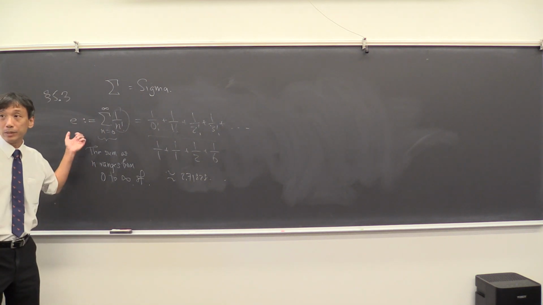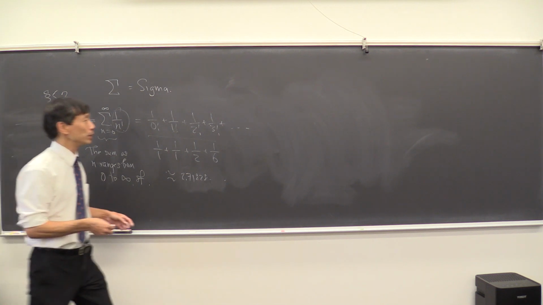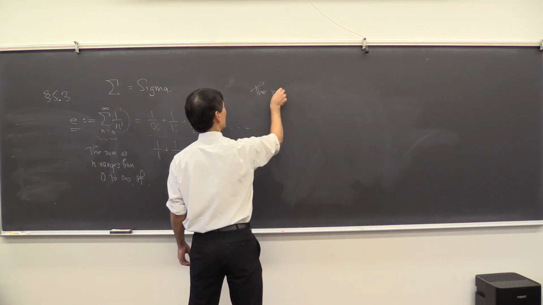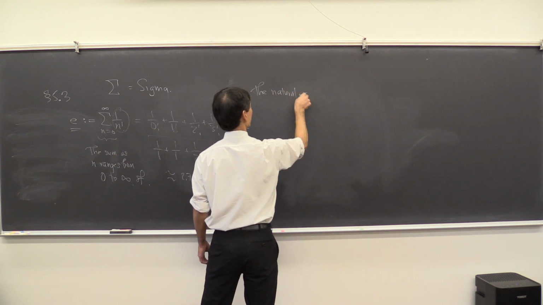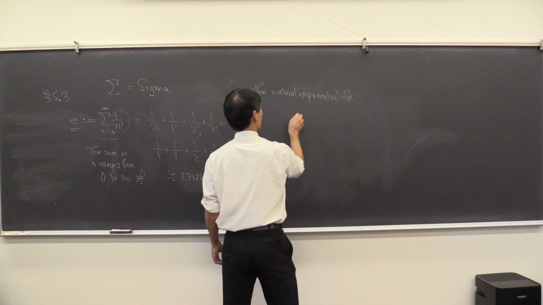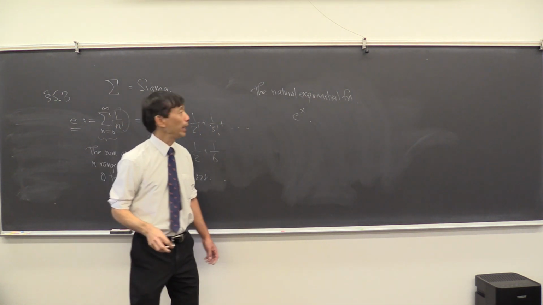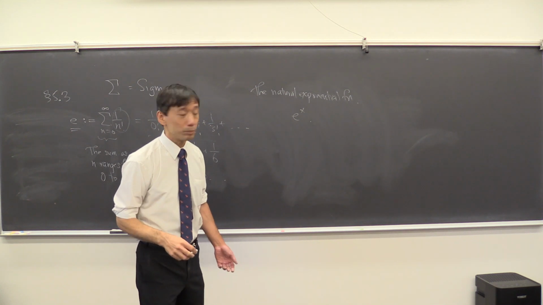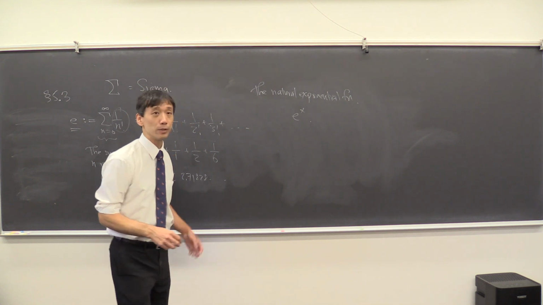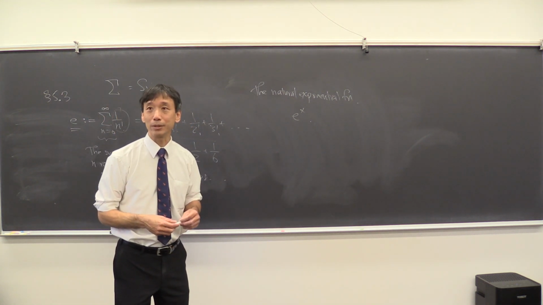Okay, and we said that this was in some sense the most natural base to use for the exponential function. So the natural exponential function is e to the x. We use that as the base. And there's a book that I think I probably saw in graduate school that starts off by saying, this is the most important function in mathematics.